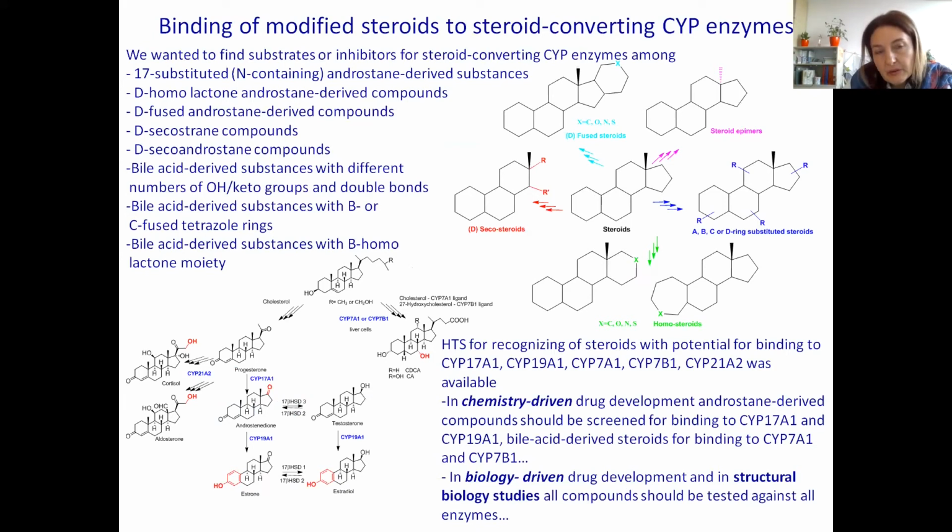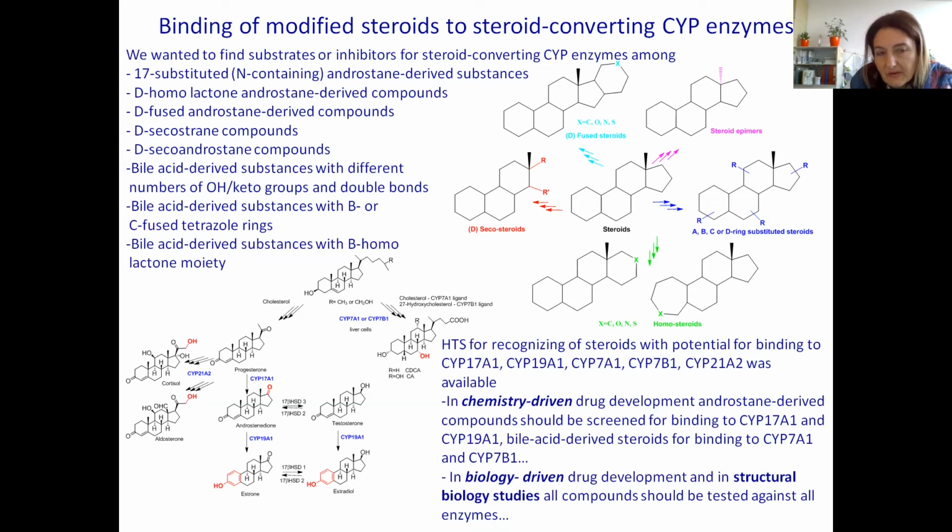So we wanted to find substrates or inhibitors for steroid-converting CYP enzymes among a library consisting of about 150 modified steroids. Among them, we had 17-substituted androstane-derived substances. Most of them had a pyridyl group in position 17.